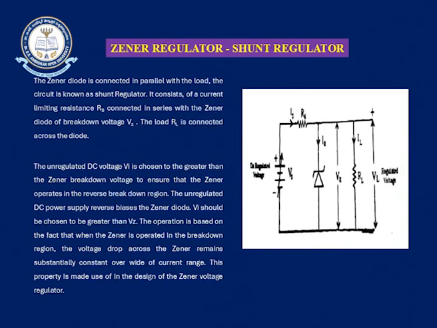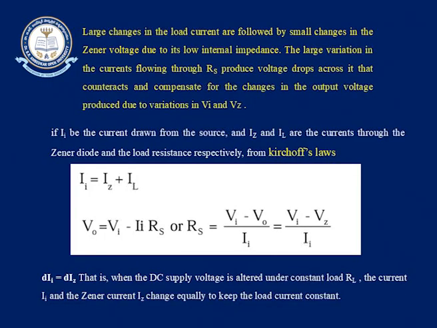Vi is greater than Vz, and the operation is based on the fact that whenever the ZNR diode is operated in the breakdown region, the voltage drop across the ZNR remains constant over a wide range of current. That means whatever voltage is given out here, the current remains the same, constant up to a wide range. So this property is made use of in the design of the ZNR voltage regulator.